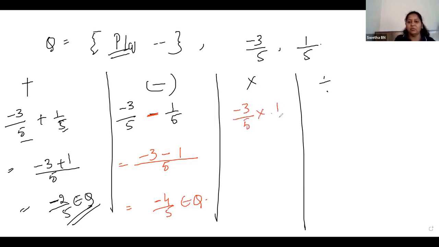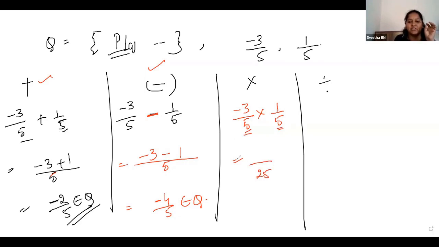-3/5 into 1/5. See, in addition and subtraction, what do we do? If the denominators are the same, you write them as it is. You are not adding or subtracting the denominators. But in multiplication, you have to multiply the denominators. 5 into 5, that is 25.